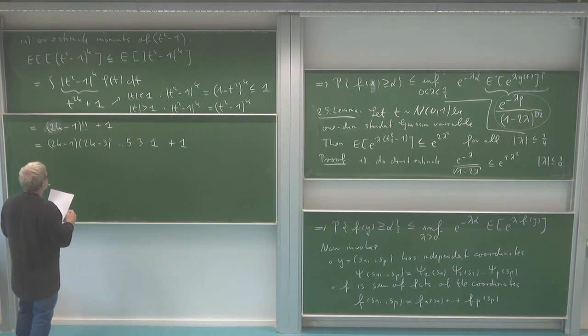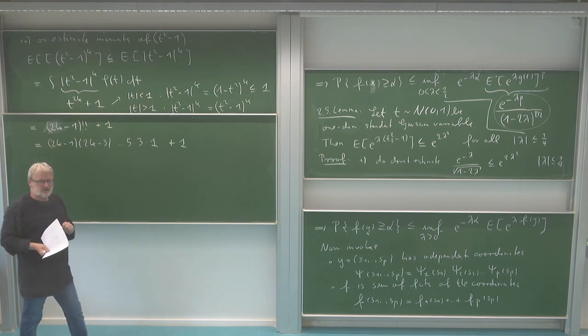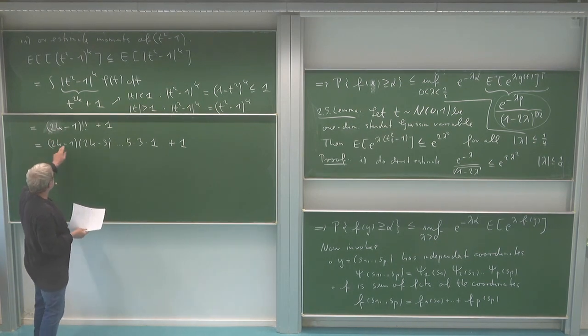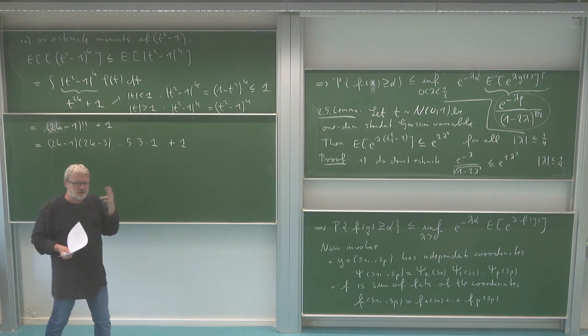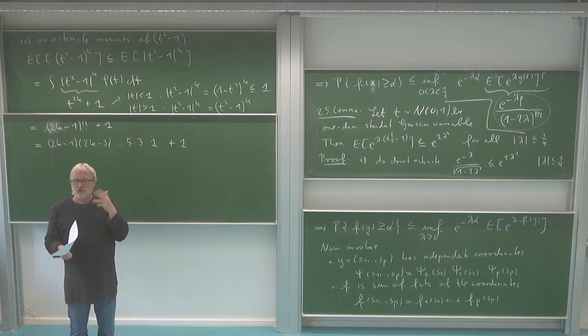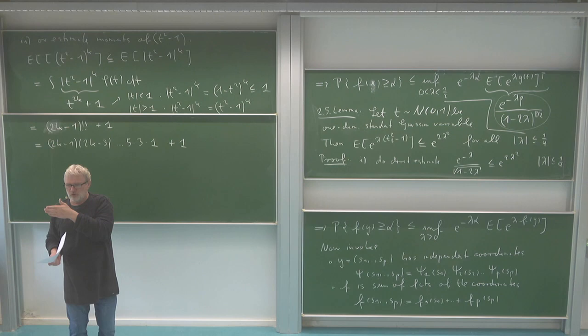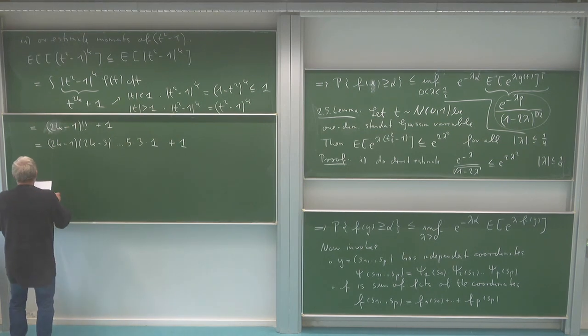And now essentially I can estimate this. I have here the odd numbers, but I can estimate each of them against the next highest even number. And then each even number has a factor of 2, which I can take out, and then I'm really left with the ordinary factorial. So I estimate the 2k minus 1 is less than 2k.